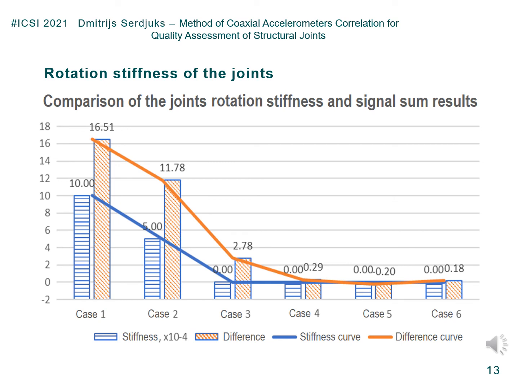Changes of the rotation stiffness for all 7 cases of the joint, as well as changes of the peak values of the signal sums, are shown on the slide. Peak values of the cross-correlation function between the responses from the correspondingly rotated pairs of coaxial accelerometers were determined. It was shown that the difference between the peak values of the correlation functions obtained for the rigid, semi-rigid, and hinge joints enabled specification of the joint stiffness.